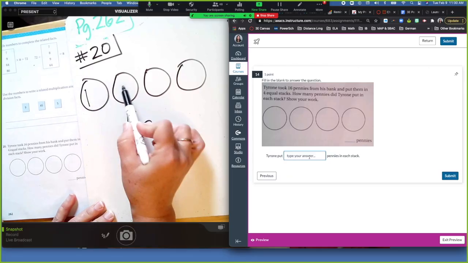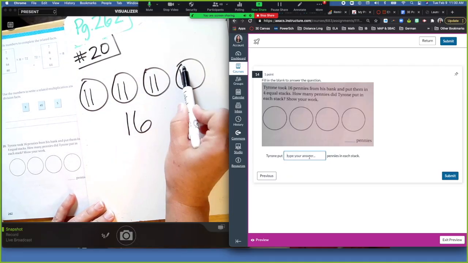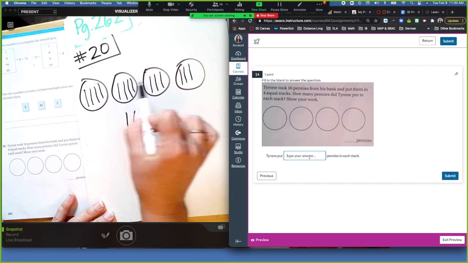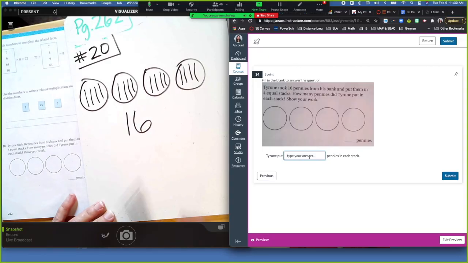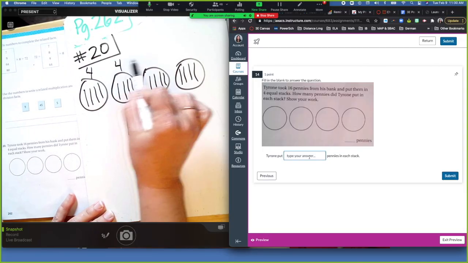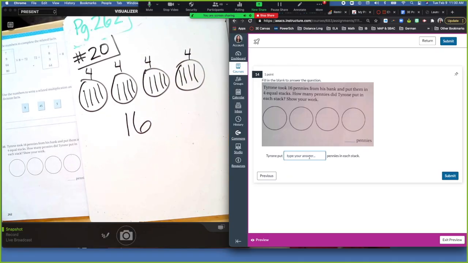So 1, 2, 3, 4, 5, 6, 7, 8, 9, 10, 11, 12, 13, 14, 15, 16. I got to 16 and I'm stopping. So I can see how many are in each stack, right? He shared them equally. So I can see there's 4 in each stack.